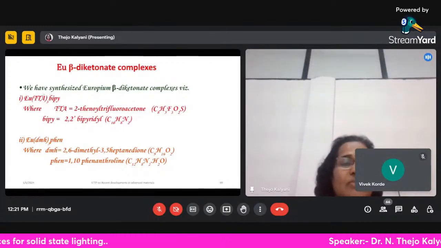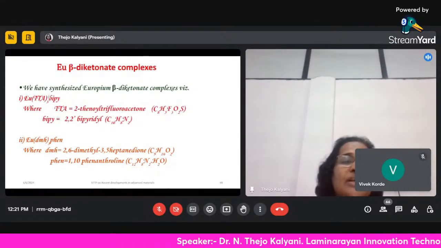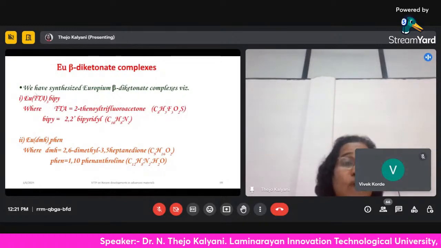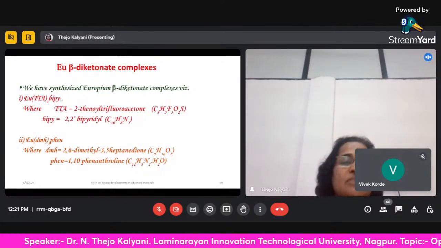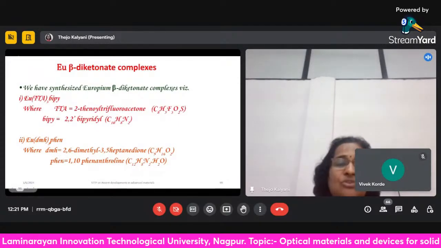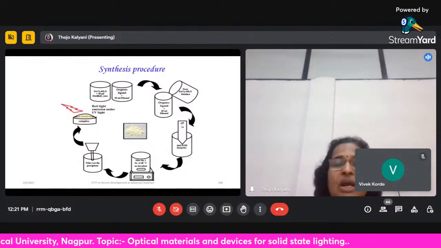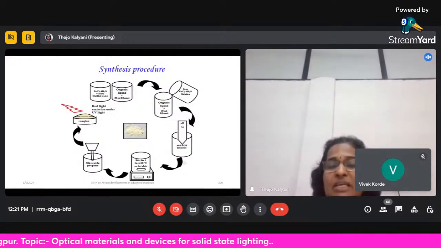Even this much will do, but it's volatile, and hence to improve the nature we add the secondary ligand, which is bipyridine here, and phenanthroline here.